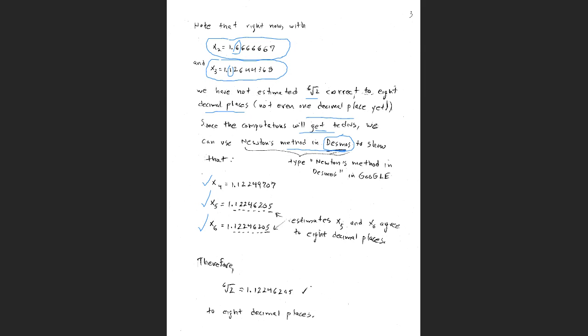But I think Desmos is actually a little easier, because there's even a picture that goes with it, a geometrical picture. So what I want to do is type Newton's method. If you type Newton's method in Desmos in Google, you're going to get the link that I'm going to show you.